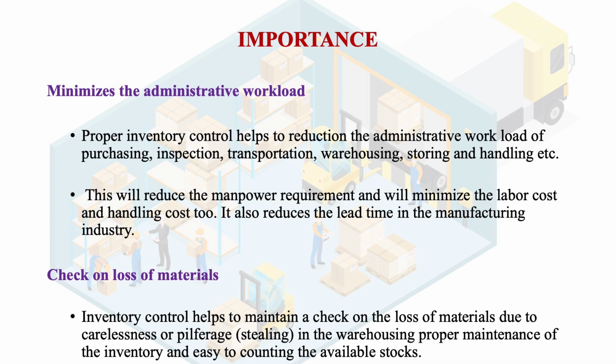Another attribute of the importance of inventory control and management is a check on the loss of material. Means inventory control helps to maintain a check on the loss of material due to carelessness, pilferage or stealing in the warehouse, proper maintenance of the inventory, and easy counting of the available stocks.